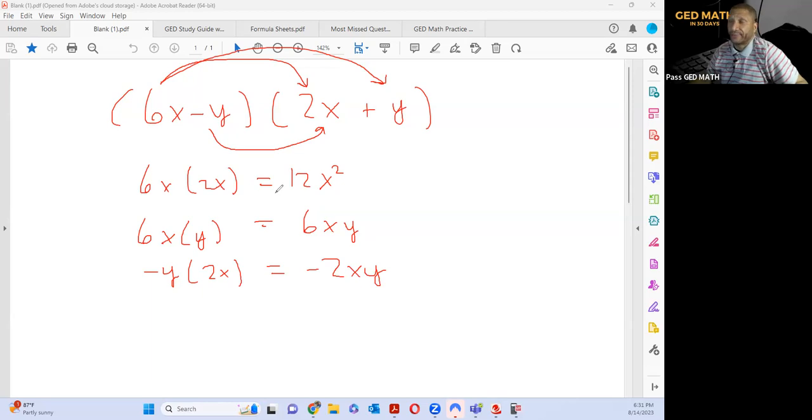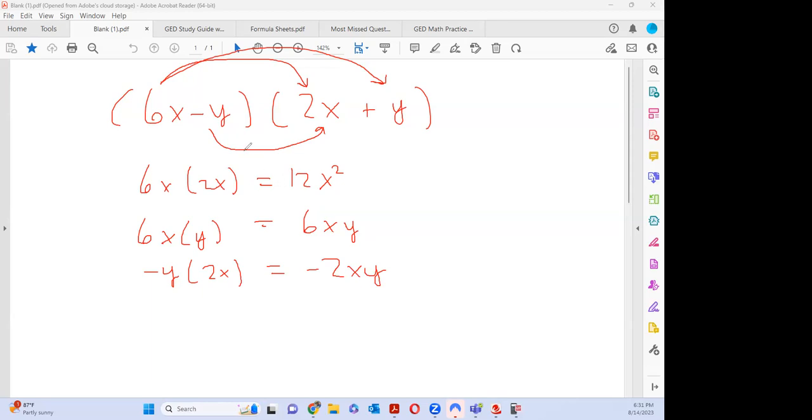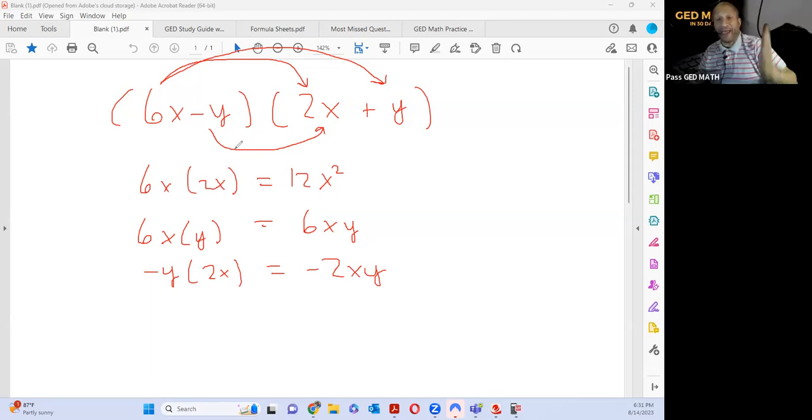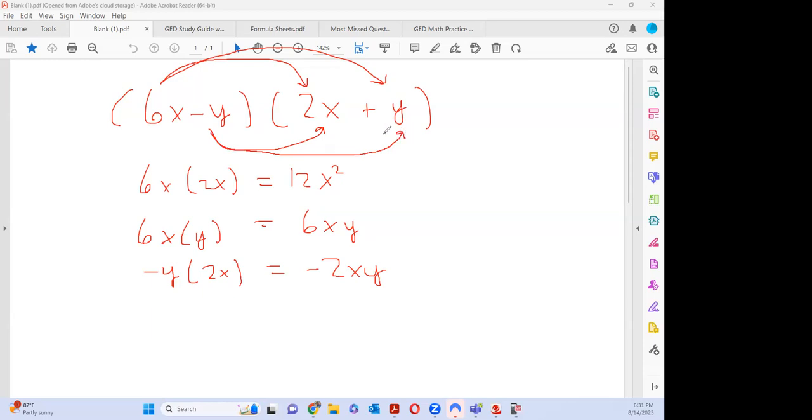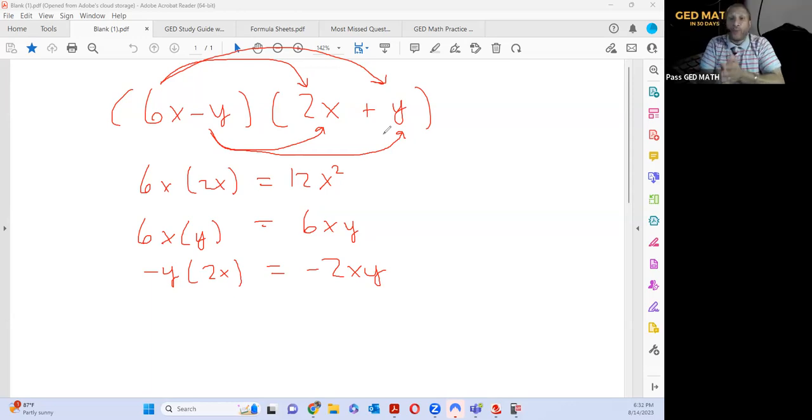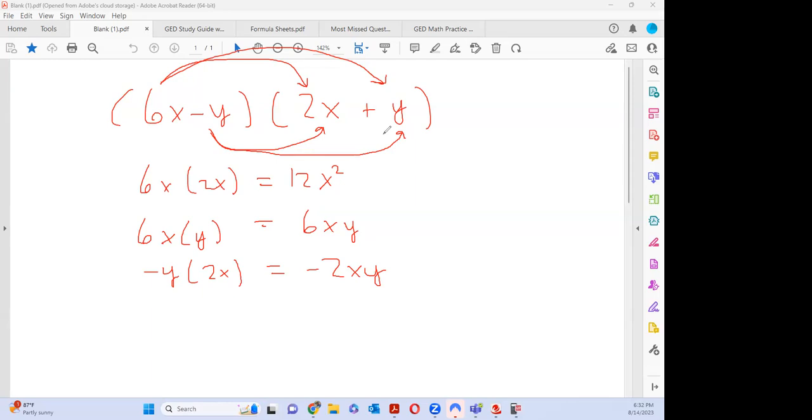Are we done? Nope, because we haven't multiplied everything in the first parentheses by everything in the second parentheses. That's why I'm drawing the arrows. Listen to what I just did. A binomial times a binomial. Binomial means 2. 2 times 2 is what? 4.